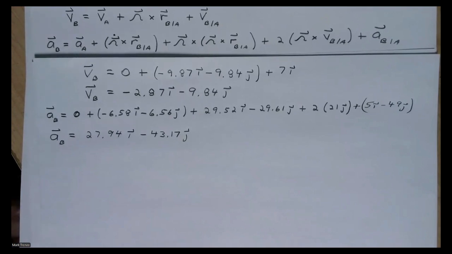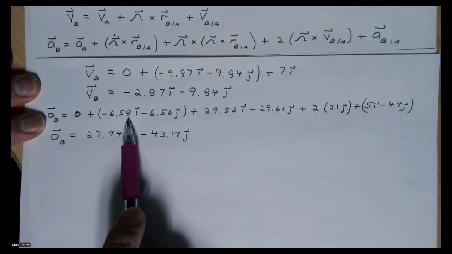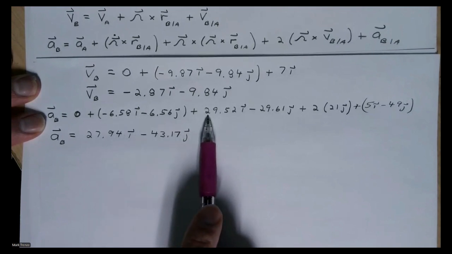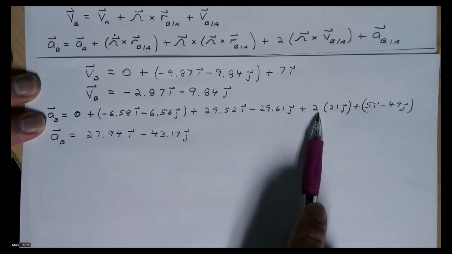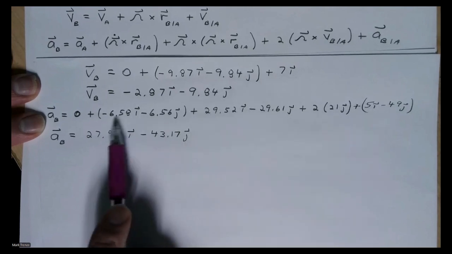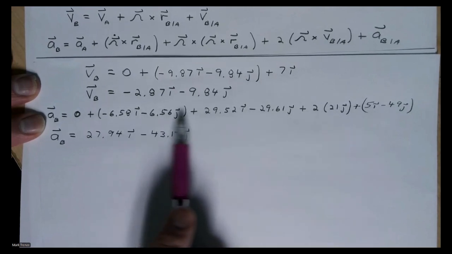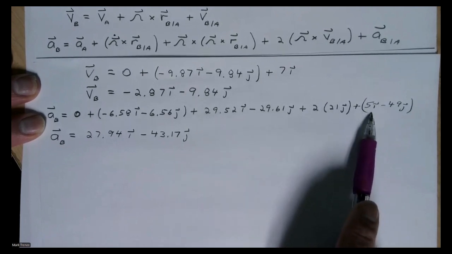And again, if we combine all the like components, for the I's, we have negative 6.58, 29.52, and 5.